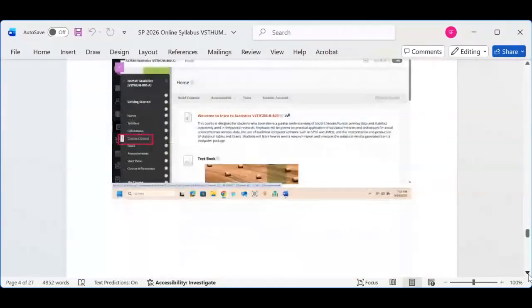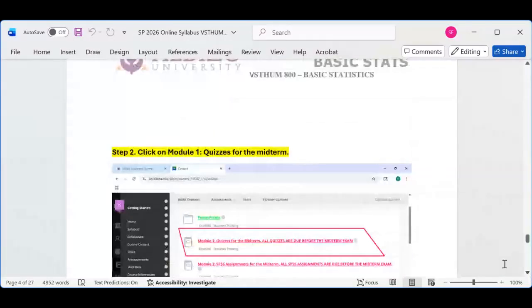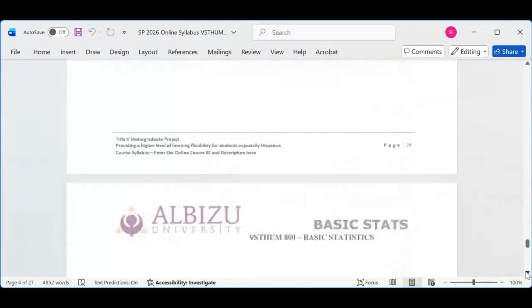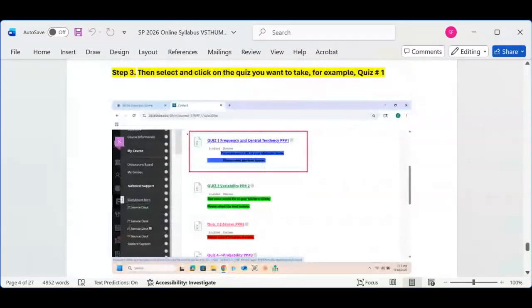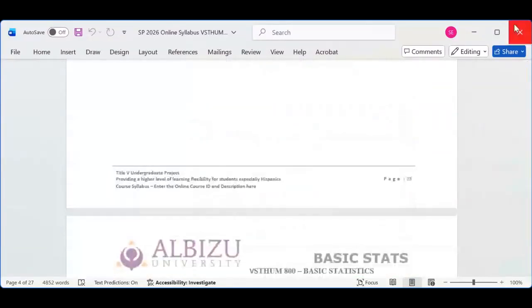Okay, so these are some extra instructions. Please read them all the way. It tells you how to find your assignments in Blackboard. So that's for the syllabus. So let's just start.